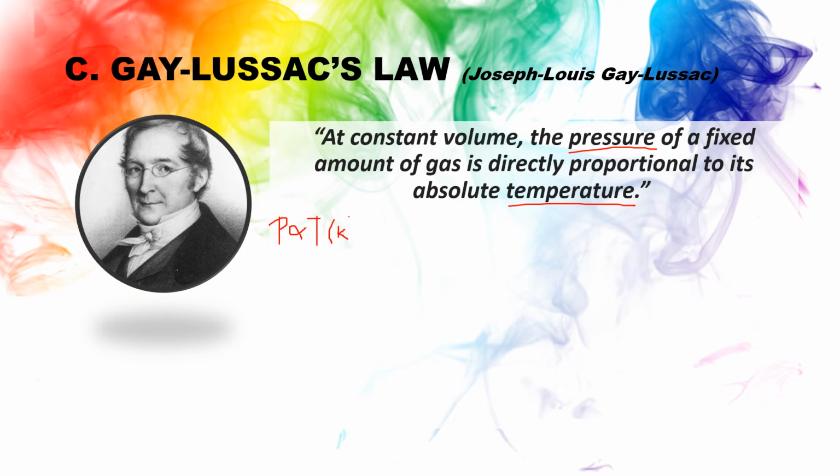So pressure is directly proportional to temperature at constant volume, constant K. So P is equal to T times the constant, represented by K. And then solving for K, we just need to divide both sides by T, and cancel the temperature in here, so that K is equal to P over T. And again, just like the previous gas laws, we also have the initial and final conditions.